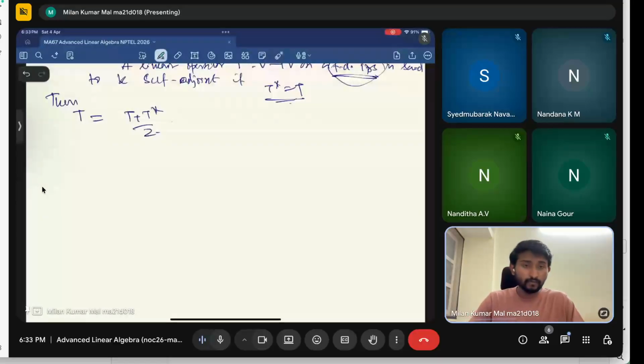I can write this, there is no problem, because I have just added T star and subtracted T star. This is what it is.